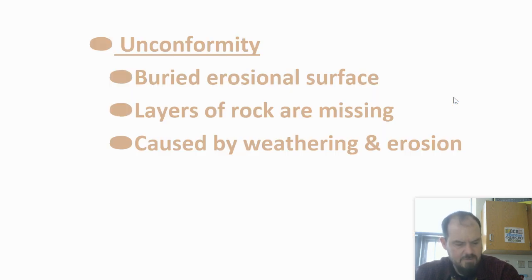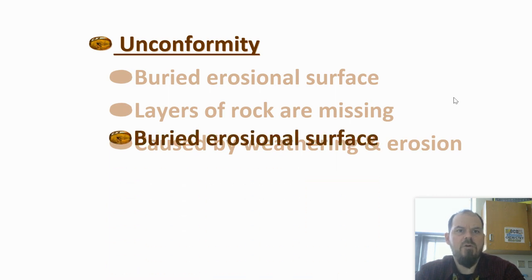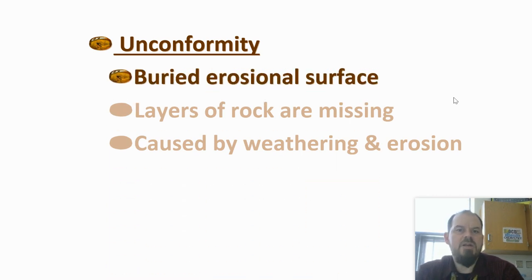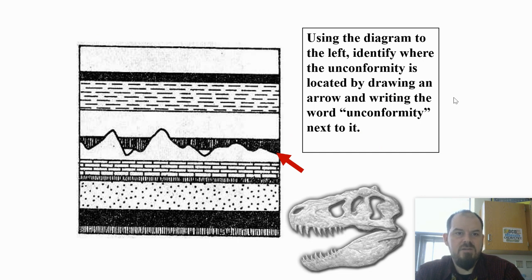This might be it for today. Oh, we might as well do unconformity. It's on this page, and we'll call it a video, and we'll do the next page. So, unconformity is a buried erosional surface. Layers of rock will be missing because they've been eroded away. This is caused by weathering and erosion, which was our last unit. Okay? It's going to look like this.